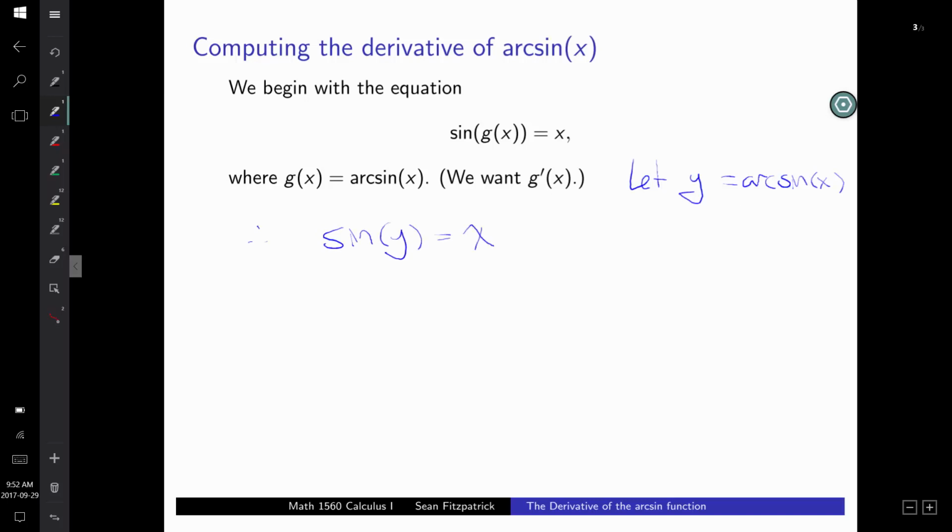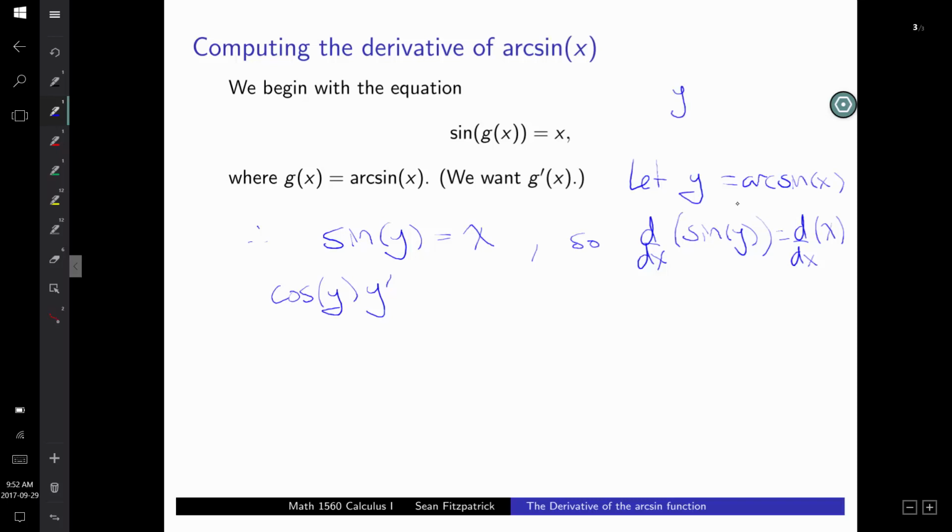That's part of the definition of the arcsine function. And so we can take the derivative of both sides, right? The derivative of sine y is the derivative of x. And when we take the derivative on the left-hand side, you can think of this as chain rule or implicit differentiation, however you want to do it, right?